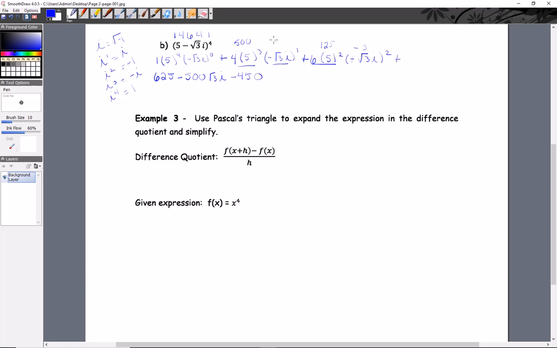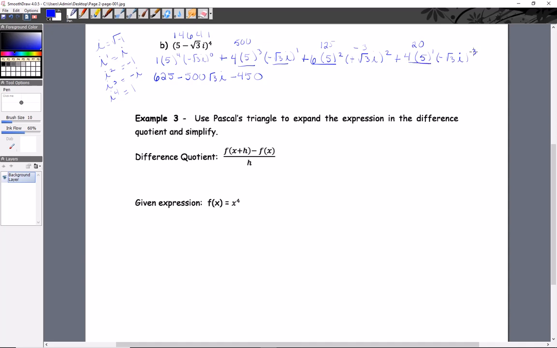So then we're going back down, up 4 to 6, and then back down to 4. So it's 4 times 5 to the 1st times negative radical 3i, and that'll be raised to the 3rd power. All right, this part of it should be 20.